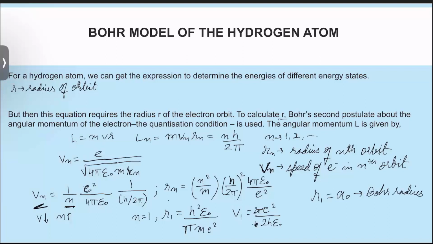If you then substitute the values for epsilon 0, h, the mass of the electron, the charge of the electron, and Planck's constant, you can get the value of A0, which turns out to be 5.29 into 10 raised to minus 11 meter.